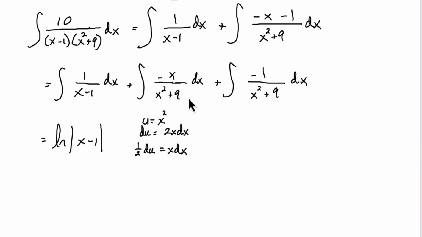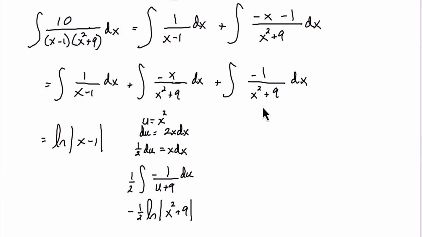Now rewriting that integral, we have 1/2 integral negative 1 divided by x squared we are replacing with u plus 9 du. Now it looks a little more like that natural log rule. We have negative 1/2 ln absolute value of u plus 9, but we said u is x squared. And again, I'll save plus c for the very end.